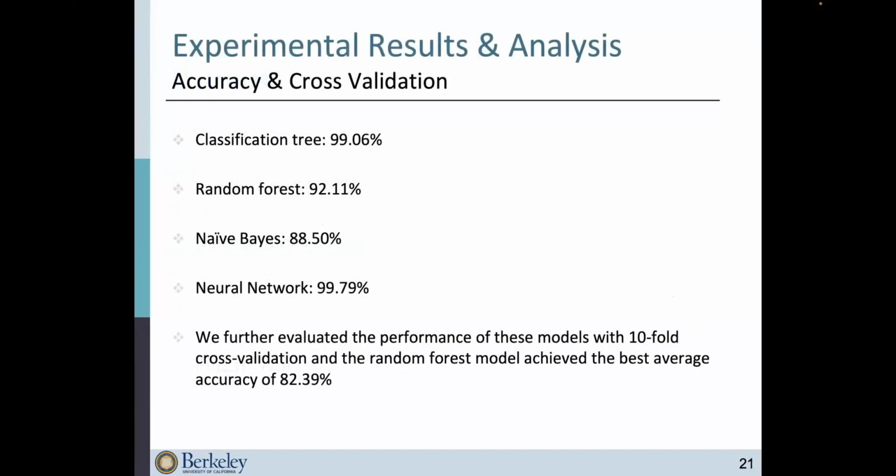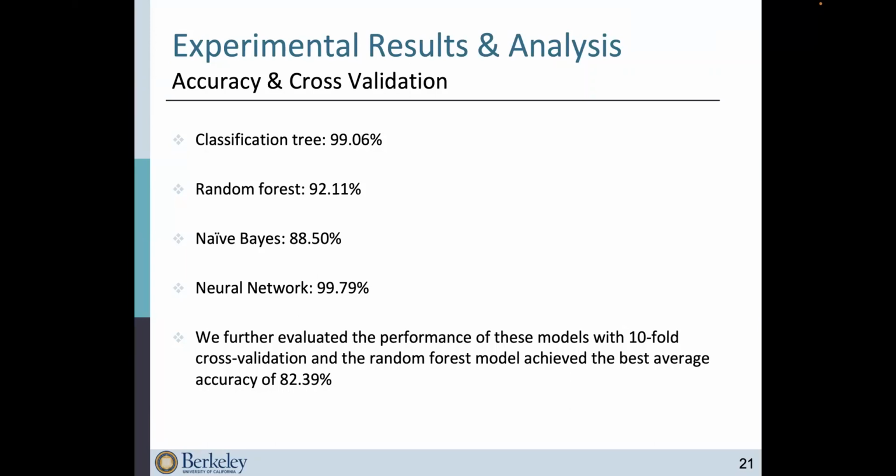For the three-category classification, we found that the classification tree achieves an accuracy of more than 99%, and random forest achieves an accuracy of more than 99%. SVM is 92%, naive Bayes is nearly 90%, and the neural network is more than 99%.